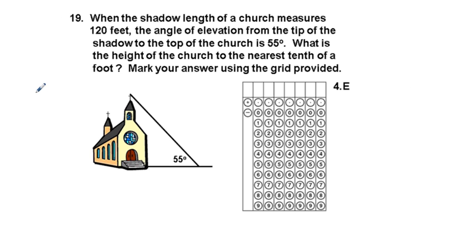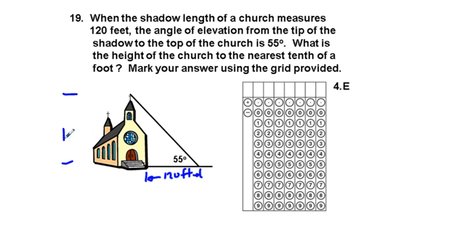Next, our last problem, 19. Well, the shadow length of a church measures 120 feet. So we're talking about this distance here being 120 feet. That's our 120 feet of shadow length. What is the height of the church?